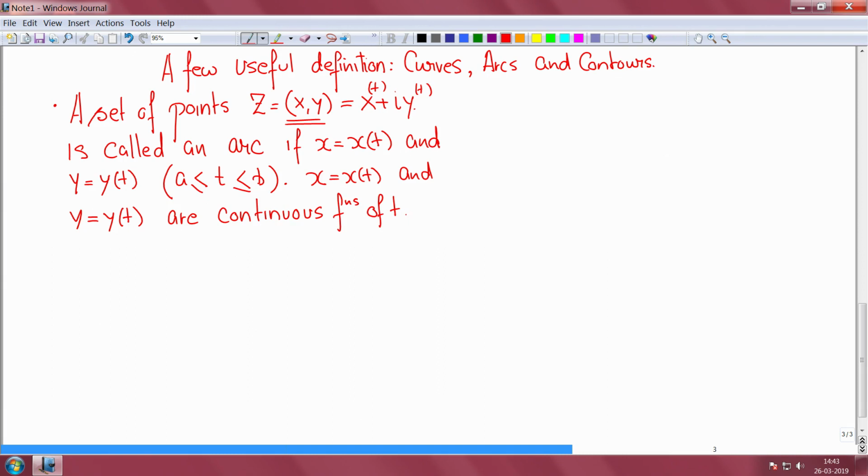They can't be discrete functions of t. x is a continuous function of t, y is a continuous function of t, then z is called an arc. Now, this arc is a simple arc if it does not cross itself.